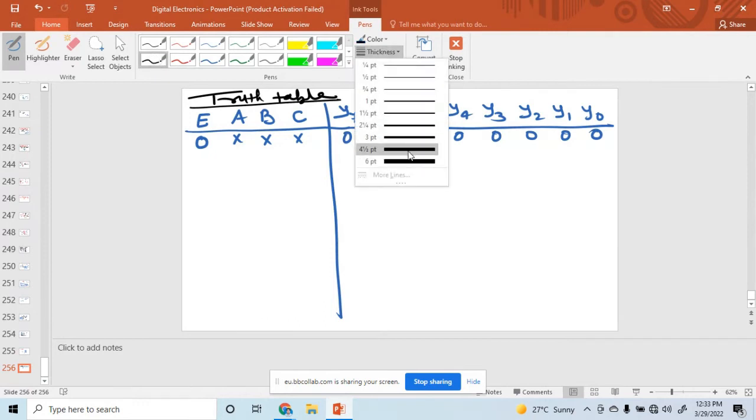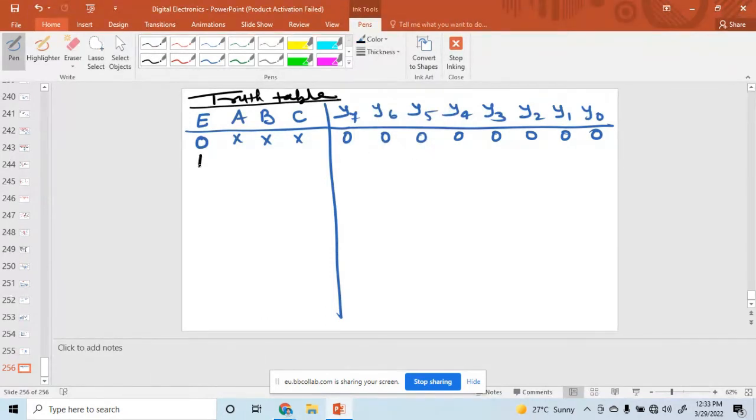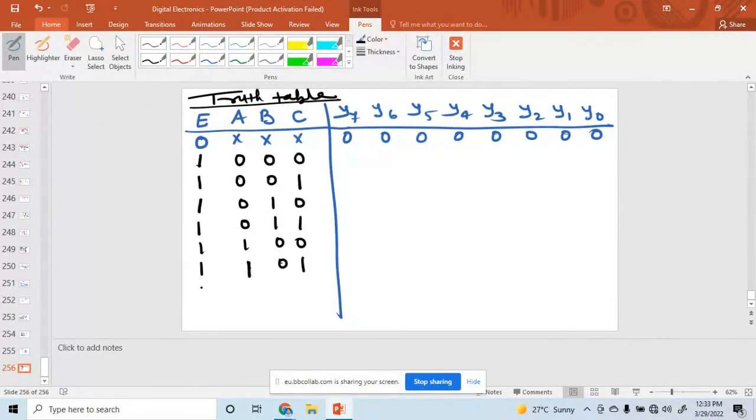And when the enable line is 1, that means high, the output depends upon the input. The input is 3 variables, so it may be 0, 0, 0, 0, 0, 1, 0, 1, 0, 0, 1, 1, 1, 0, 0, 1, 0, 1, 1, 1, 0, or 1, 1, 1.